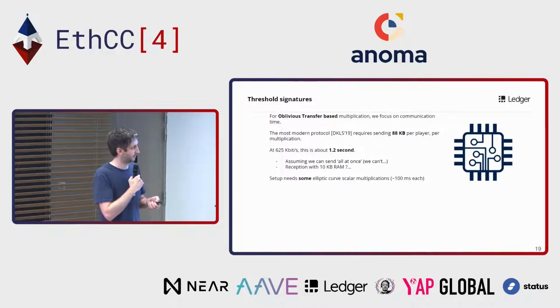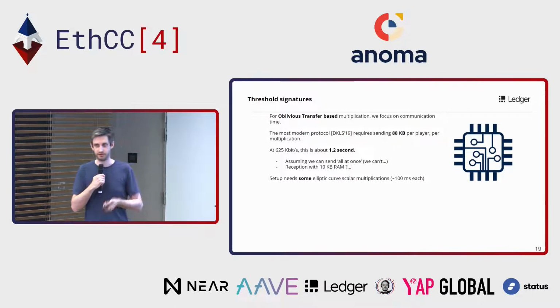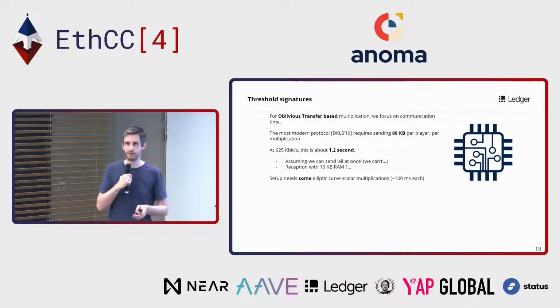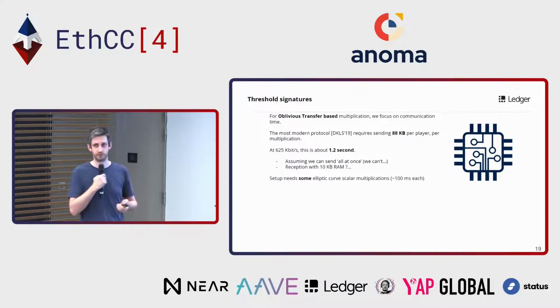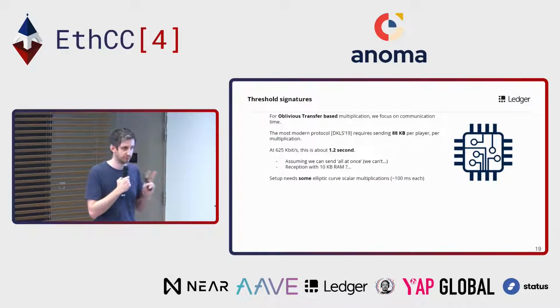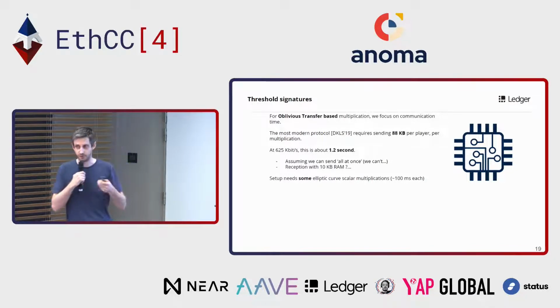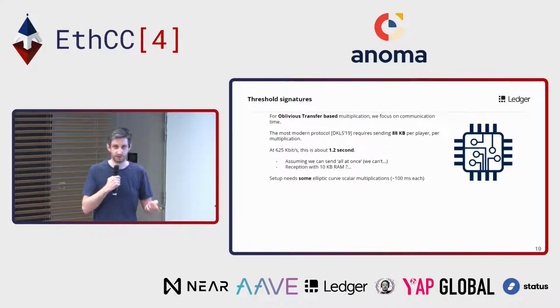For oblivious transfer based, we focus on communication time because that's the one that's heavy on that. And the latest protocol, which is actually the fastest available, requires sending about 90 kilobytes of data per player per multiplication. In ECDSA, we need to perform 2 multiplications. So as I said, this is about 1.2 seconds, as in the slides before. And that's assuming that we can send everything at once, which we can't because we have 10 kilobytes of RAM.